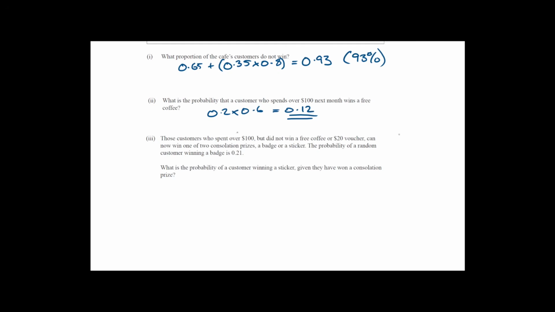All right, so this is our end probability they're giving us, 0.21. What is the probability of a customer winning a sticker given that they have won a consolation prize?